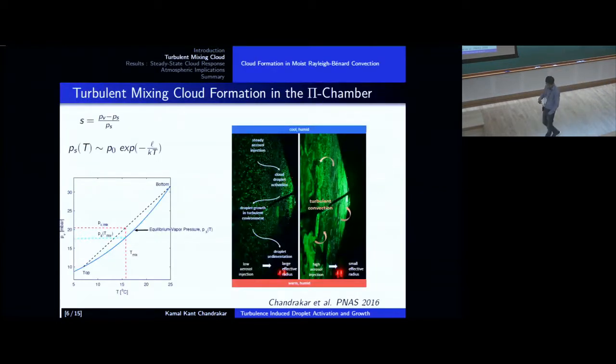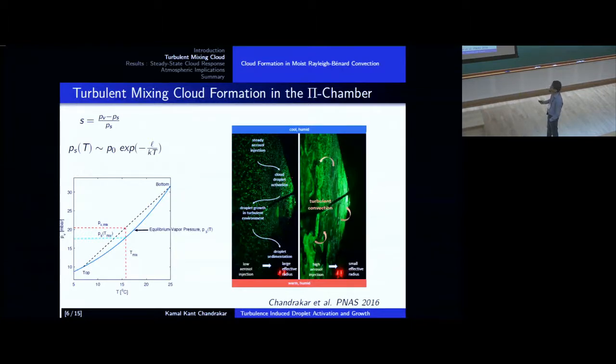So how do we use moist convection for making clouds? To understand that, first we need to understand the adiabatic mixing process. As we all know, the Clausius-Clapeyron equation is exponential, and it gives the equilibrium vapor pressure for water vapor.